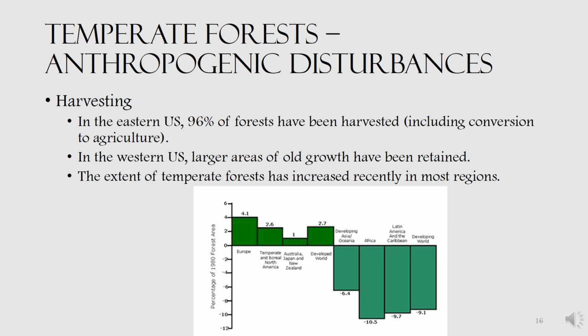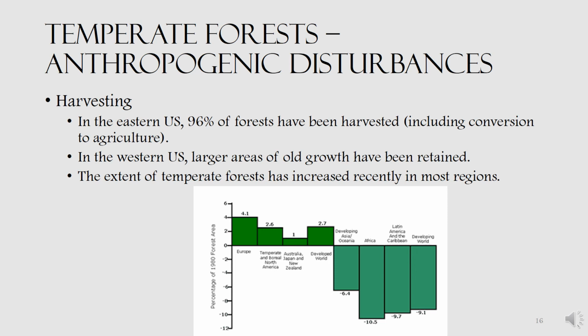In the western United States, luckily, some larger areas of old growth have been retained. And actually, the extent of temperate forests has increased recently in many regions. So this graph shows the percent change from 1980 to current forest area. Europe has seen a 4.1% increase.